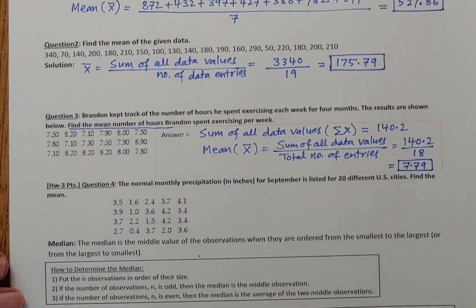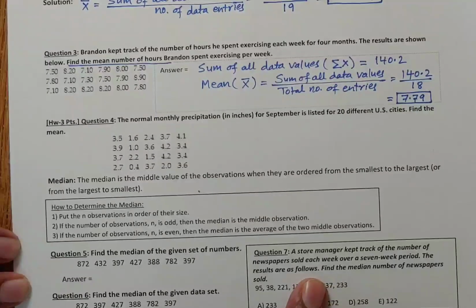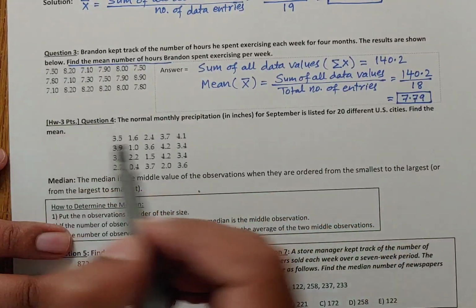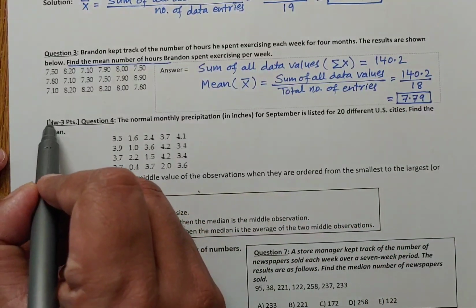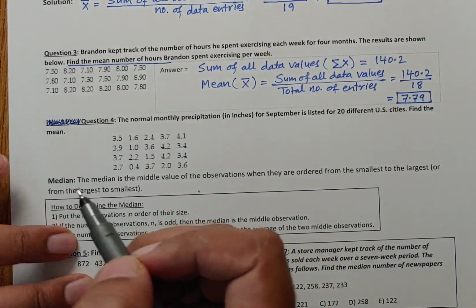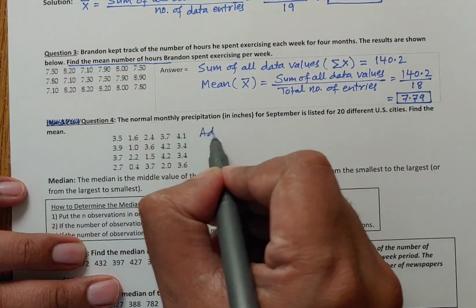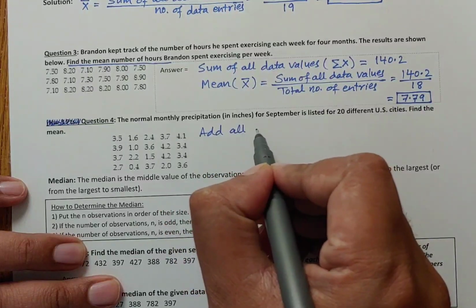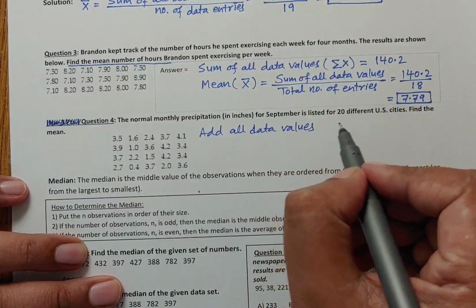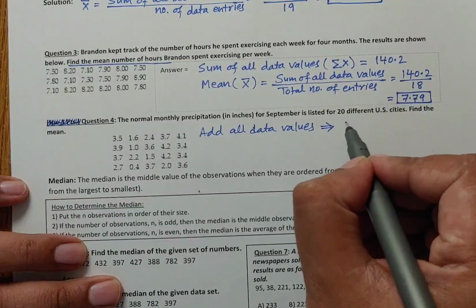Now the next question is again the mean of these numbers. So we add again and then divide by the total number of items. Here it says homework, so let's erase this. We add all data values and you get 58.8.